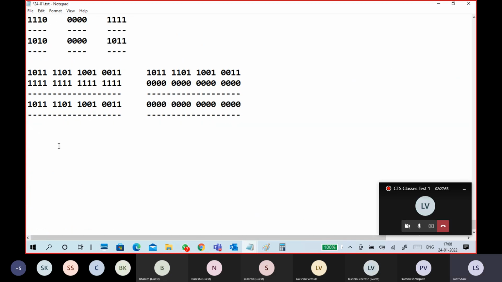Otherwise, take a new column and you can try. So this is an 8-bit input, an 8-bit input.